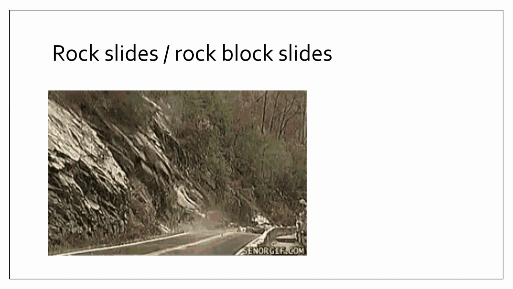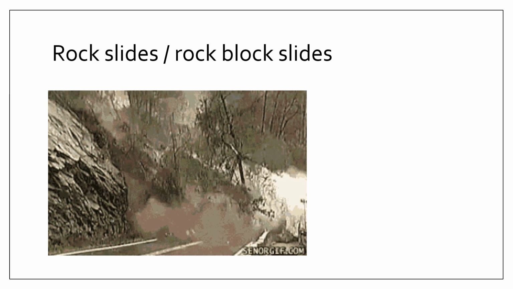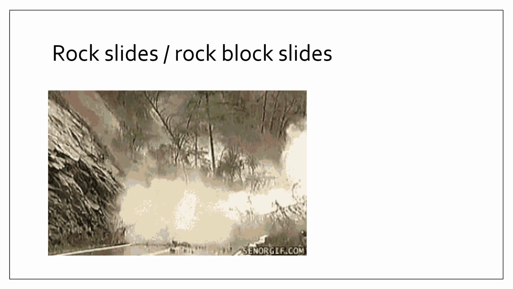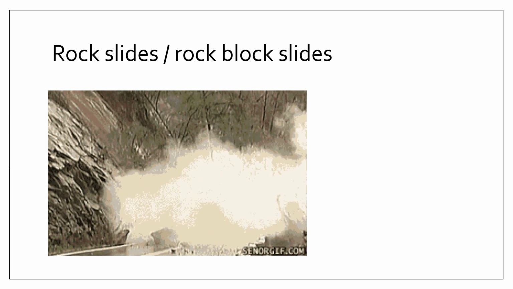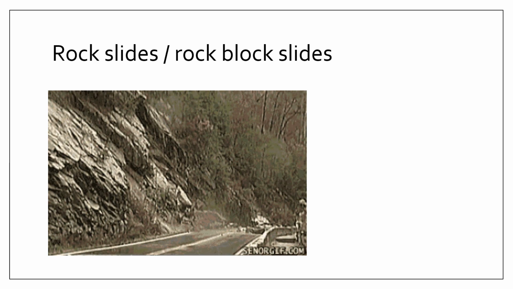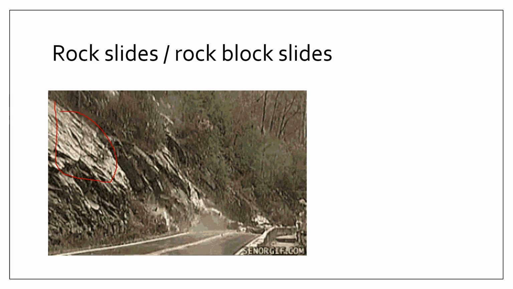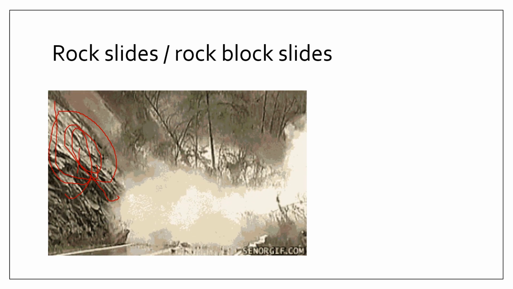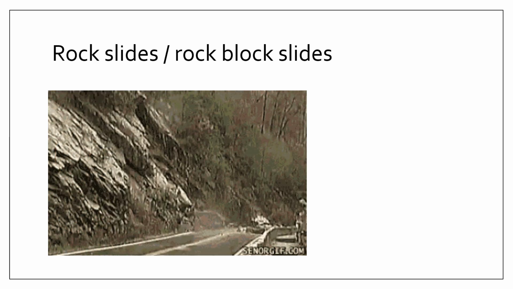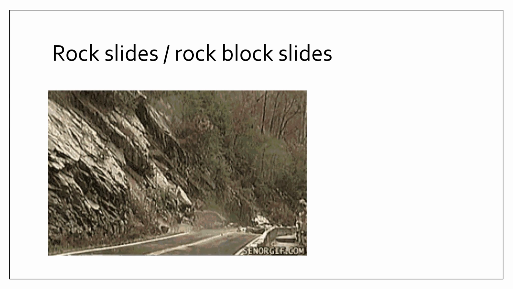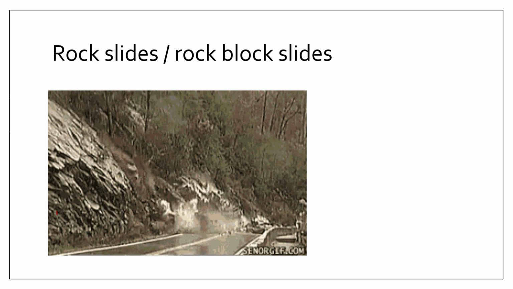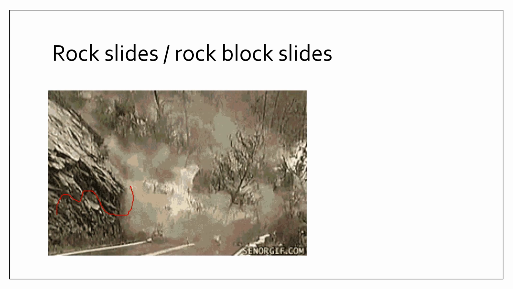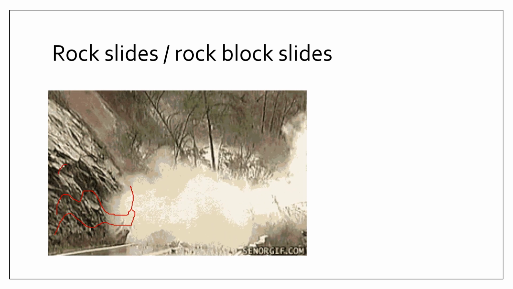All right, this is a rock slide or a block slide. This image is a dead giveaway. I mean, you can see the surfaces are more or less really planar. If you have a good eye in geology, you can see here that the bedding planes are quite obvious.